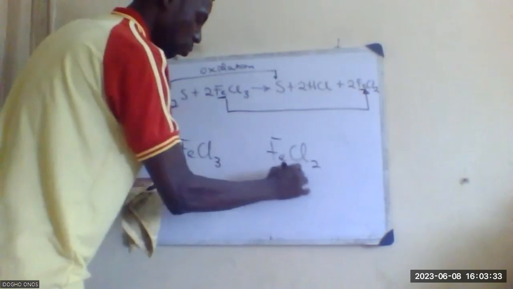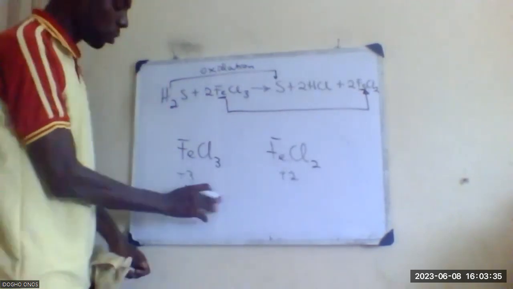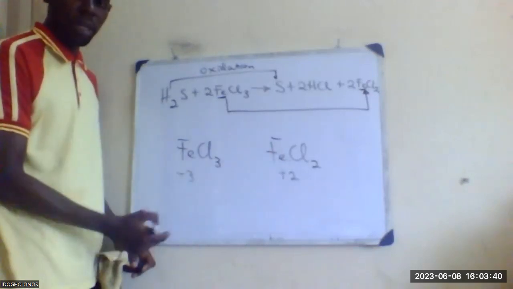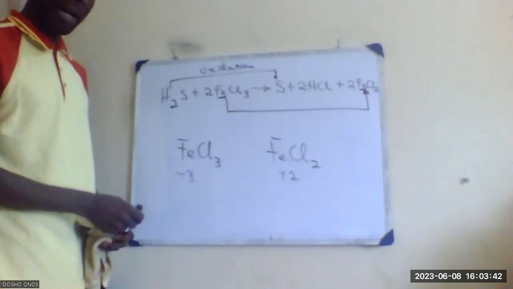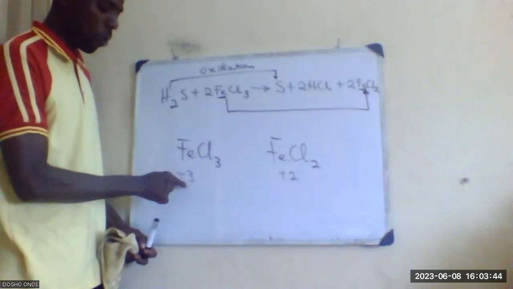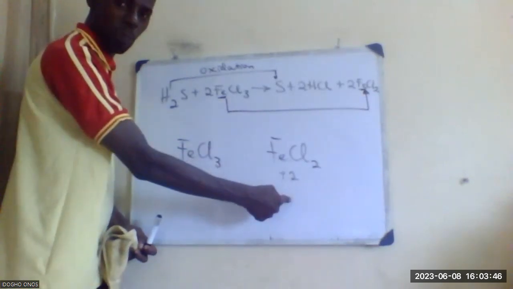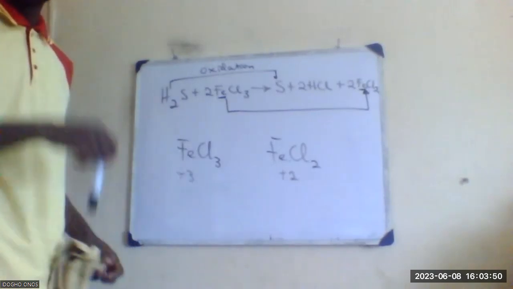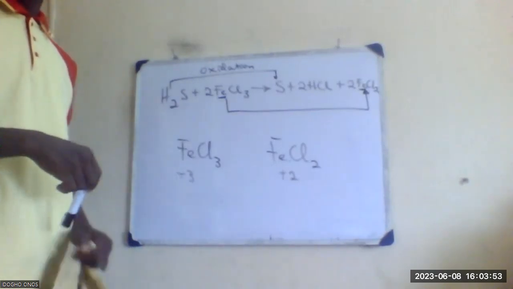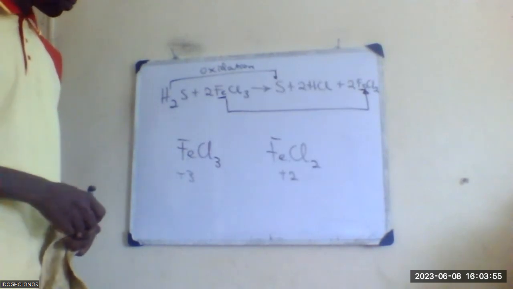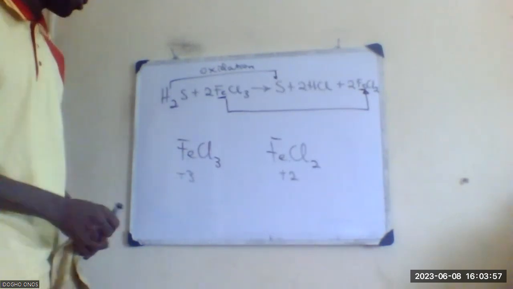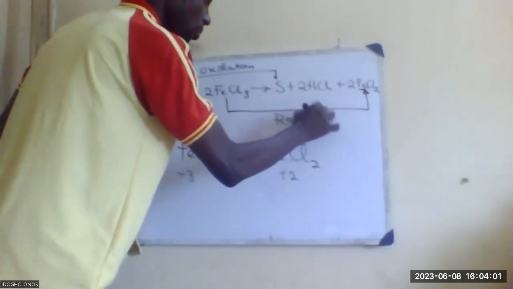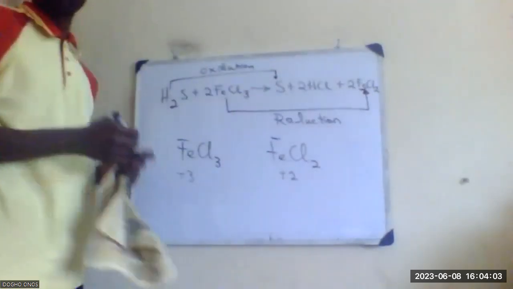Fe here is +2. So what has happened to the oxidation number of Fe in this compound? The oxidation number of Fe, which is your iron, has reduced from 3 to 2. So is that oxidation or reduction? Reduction. So this has undergone reduction.